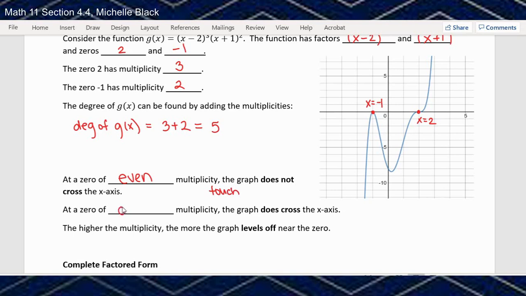At a 0 of odd multiplicity, like what I have at x equals 2, where I have 3, which is odd, the graph does cross the x-axis. And the higher the multiplicity, the more the graph levels off near 0, which is why when my multiplicity was 3, I kind of flattened out before I crossed. So I'm going to level off more if my multiplicity is higher.